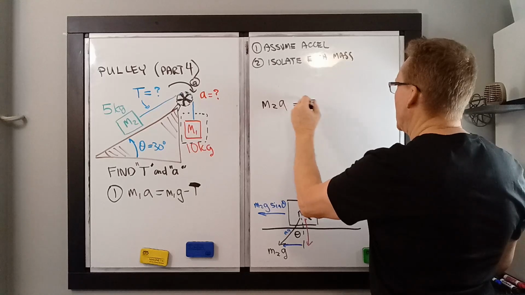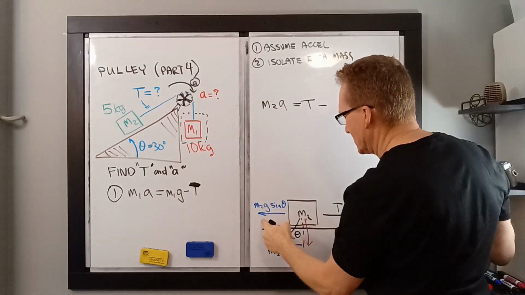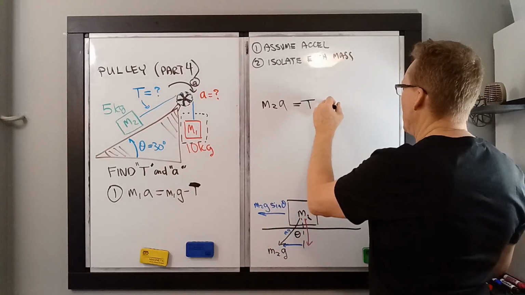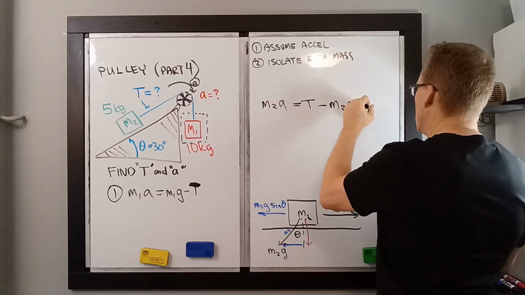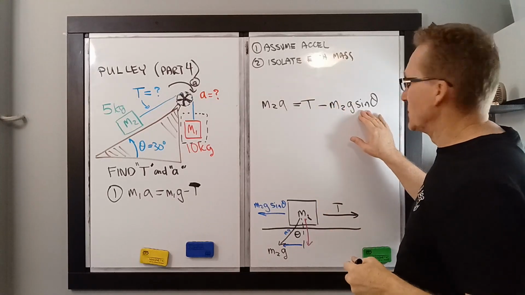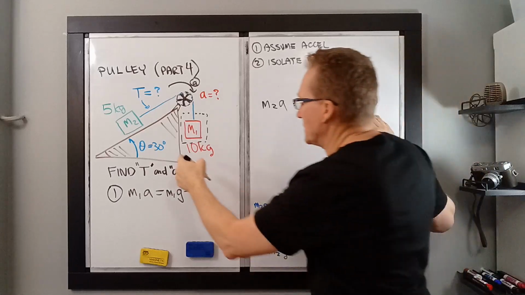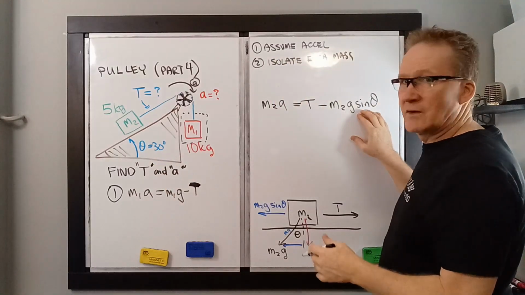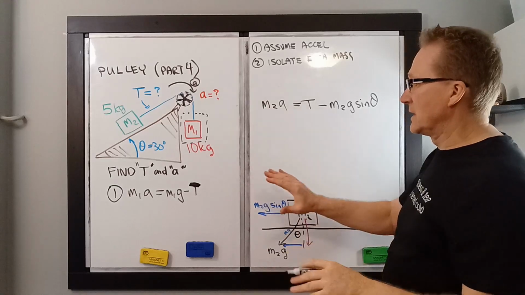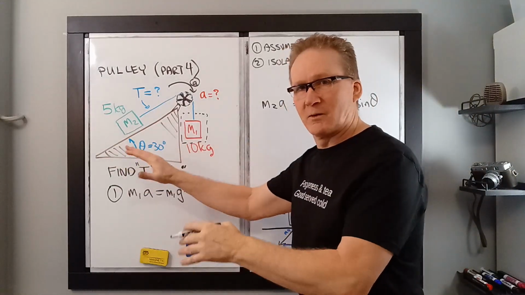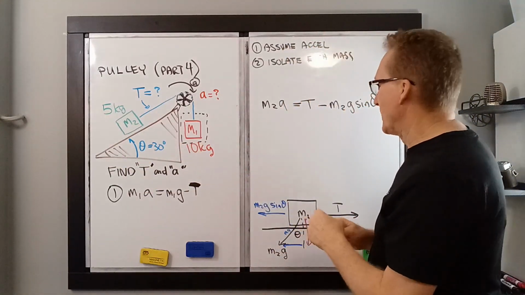So it's going to be equal to the tension minus m2g sine theta. Those of you who are jumping ahead of me realize we're using 30 degrees. Sine theta is 1/2. You could plug that in right away. I'm leaving it for now though, so that you can see the final result, how it is very analogous to what we get for other pulley problems as well.